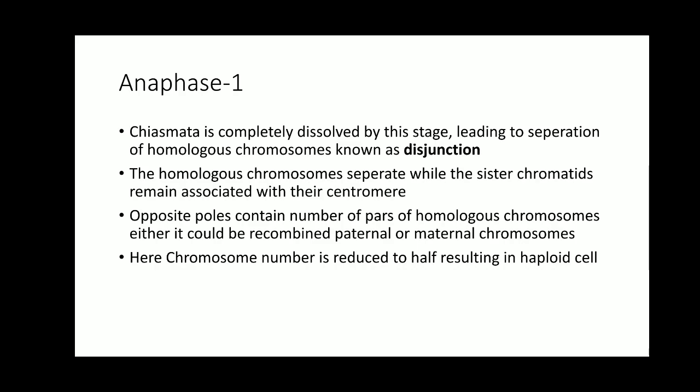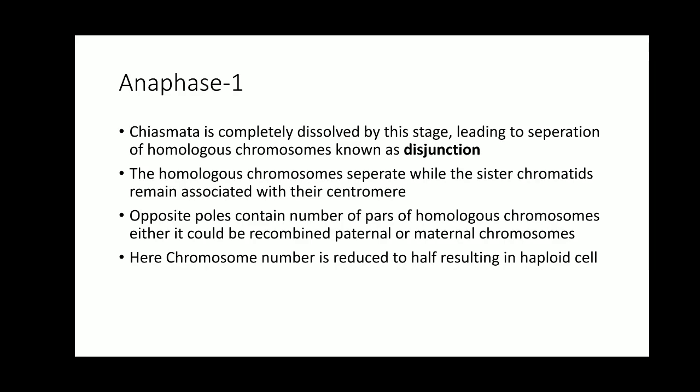Once again they follow Mendel's law of independent assortment, and each homologous chromosome with its recombined part, which has undergone recombination in the Pachytene stage. Now the paternal chromosome contains some part of the maternal chromosome, and the maternal chromosome contains a recombined part of the paternal chromosome, and they get segregated independently and move to the opposite poles.